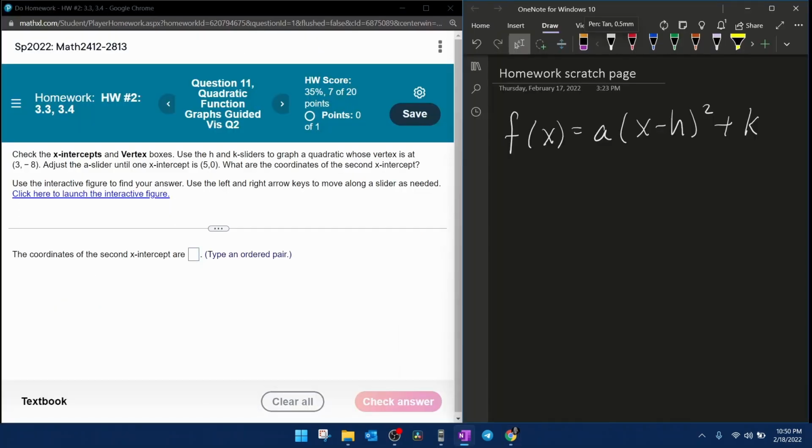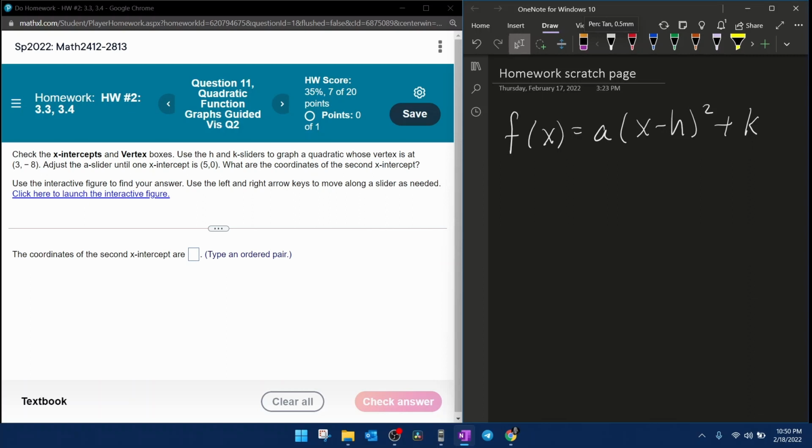Now, before I input the answer, I do like to use these homework assignments as a teachable moment. So I would like to consider how would we answer this question if we did not have a graphing tool like we used in our interactive figure. Let's walk through the steps to answer this question algebraically.